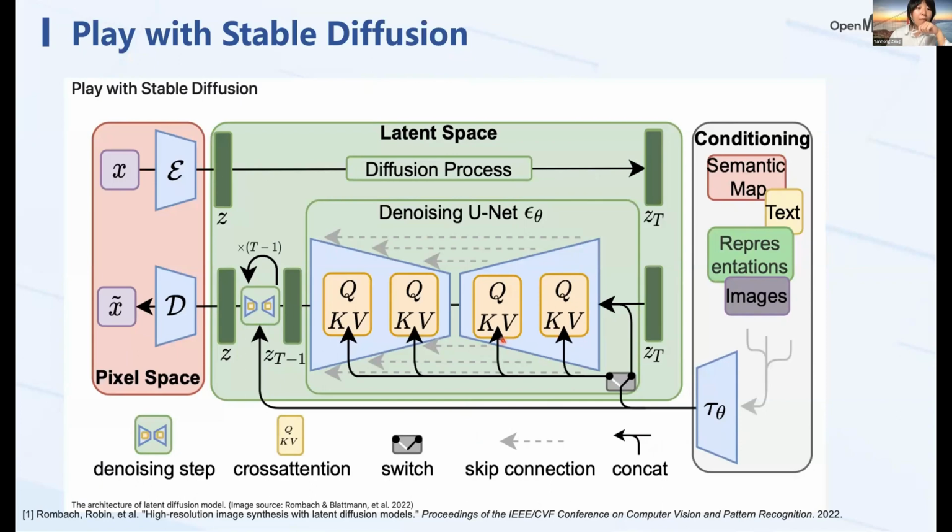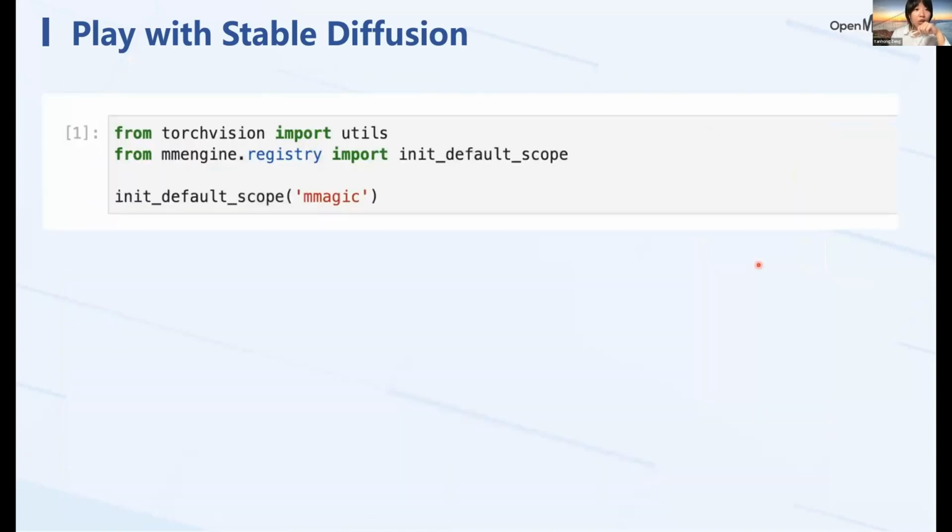I think maybe the introduction can be somewhat complicated for guys who are not familiar with Stable Diffusion. However, using MMagic, I think playing with Stable Diffusion can be very easy. To play with Stable Diffusion, we need to first initialize the working scope as MMagic.